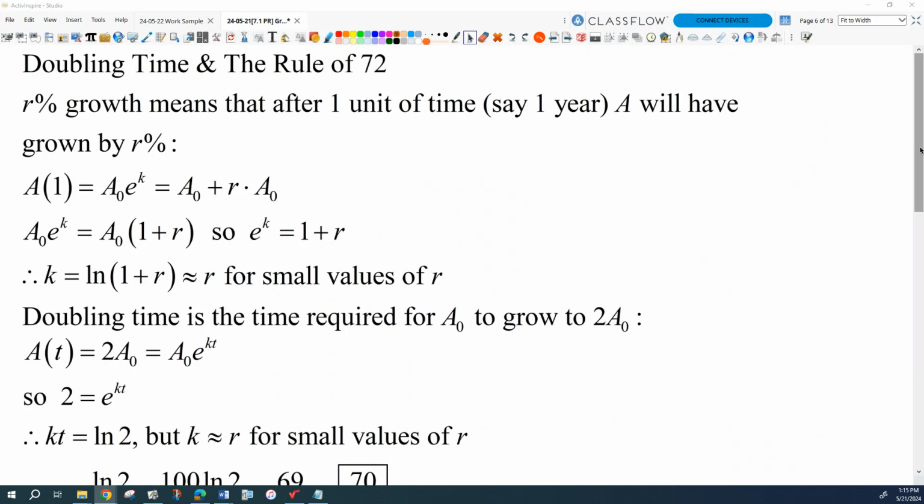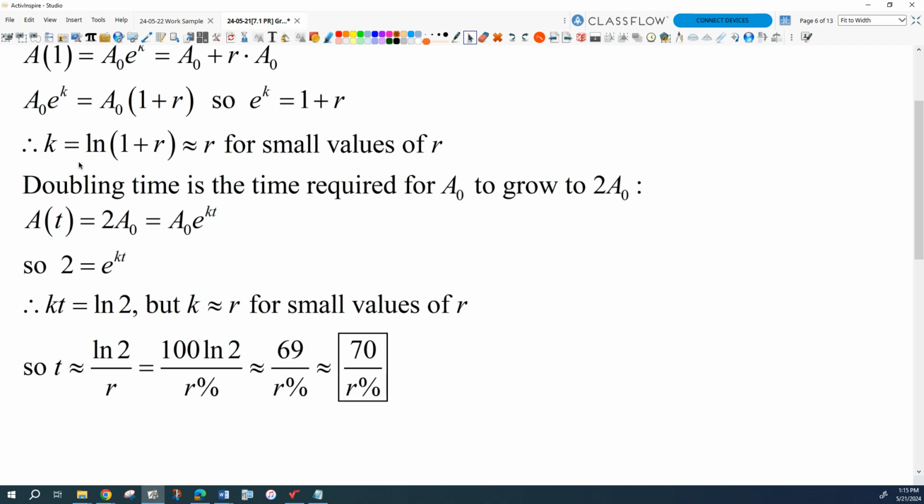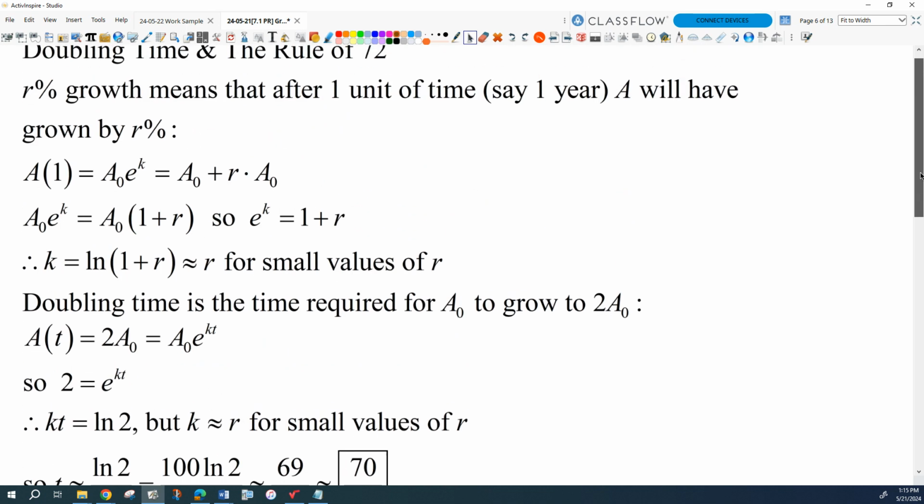Okay, how can we show this though? If we make that assumption for small values of r, that k is roughly equal to r, then look what this does. It tells us that A of t, the doubling time, A of t equals 2 times our initial amount, A naught, which is equal to A naught times e to the kt.